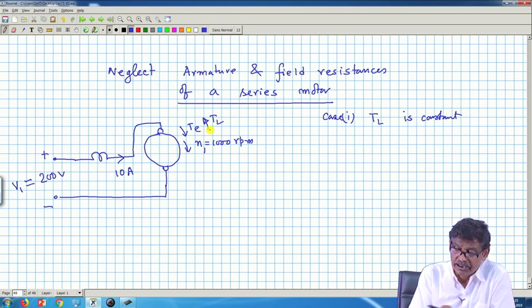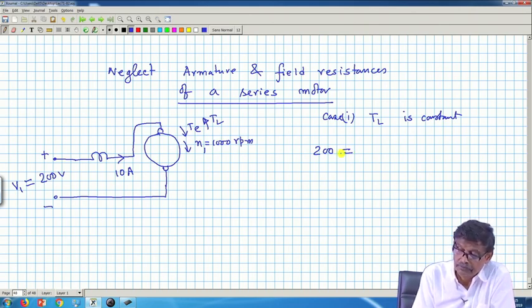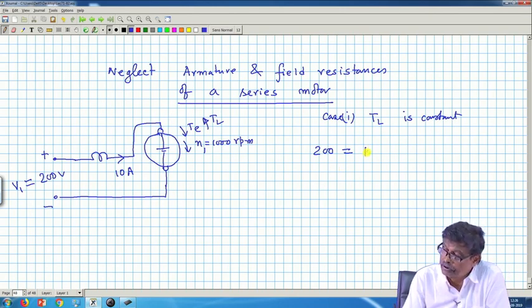From the initial steady state conditions, I can say that the 200 volt applied voltage, since the resistances are neglected, will be balanced by the back EMF. And what is the back EMF? Back EMF is proportional to flux per pole, that is proportional to K into 10 into 1000. This is one equation.